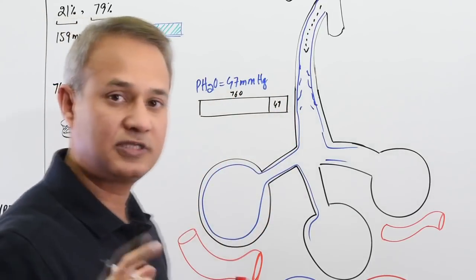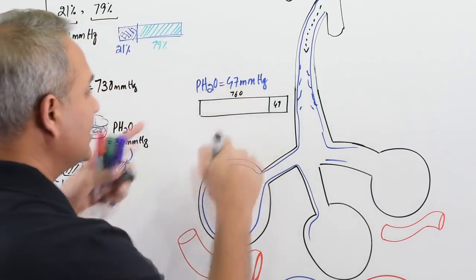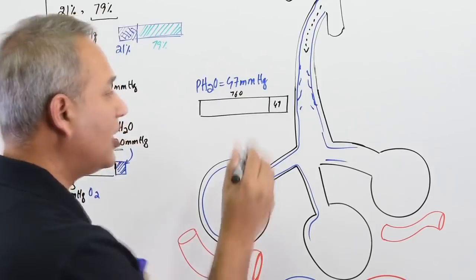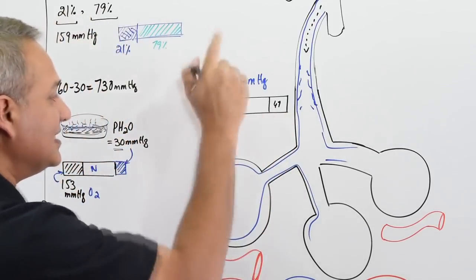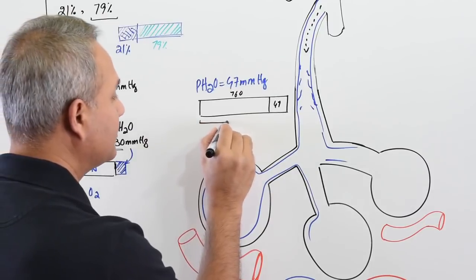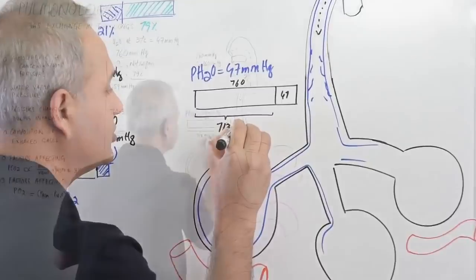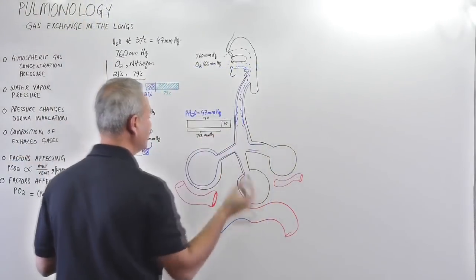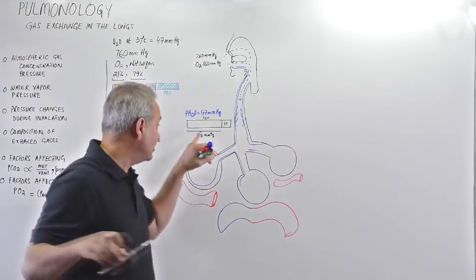How about oxygen? What is the percentage of oxygen? 21%. Of what? 760? Not anymore. Why not? Because water has taken 47. What is left? 713. So the remaining pressure left to be used by gases is 713 millimeter. Now oxygen is 21% of this 713.